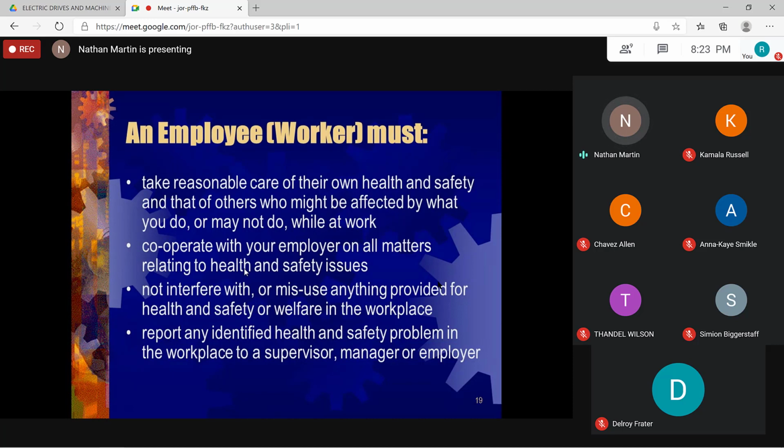Cooperate with your employer on all matters relating to health and safety. I don't like the word cooperate because they might want you to do something and you might see another way that is much better to put a safety measure in place. So I always tell students that you and your employer are really in a work relationship, and they can listen to you as somebody that is using the machine.